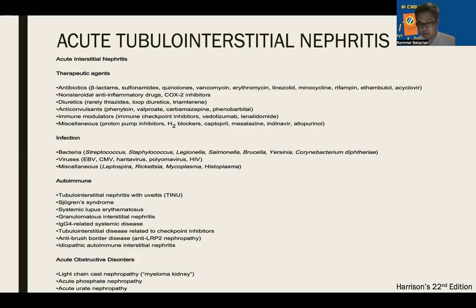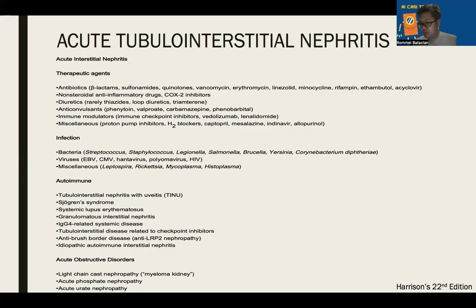The classic triad for acute tubular interstitial nephritis is fever, a maculopapular rash, and eosinophilia. So it presents with AKI that raises the creatinine over a few days or weeks. If it is drug-induced, it's usually 7 to 10 days after it was started.